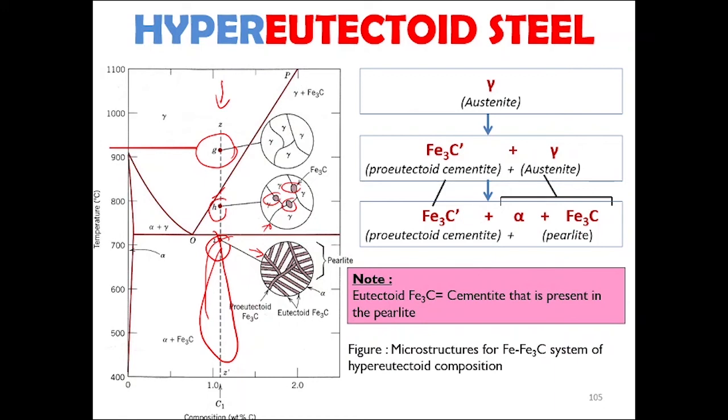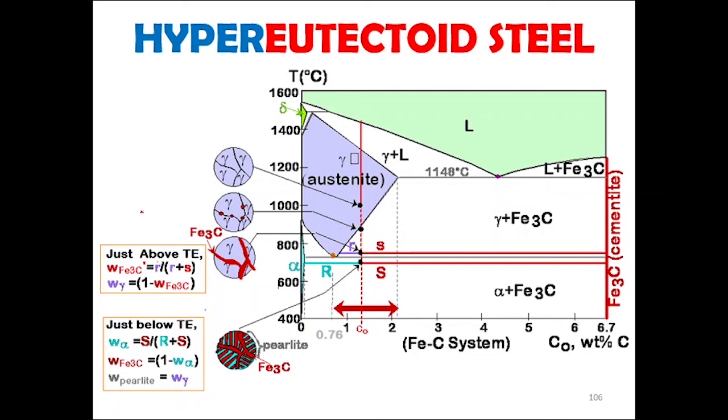It is formed from cementite. So the grain boundaries are formed by proeutectoid cementite, and then we have a lamellar structure formed from eutectoid cementite layered with alpha ferrite. Once again, to find the weight fraction, please watch my videos on the 5-step solving of the phase diagram. The steps are the same. The difference is in the microstructure produced.